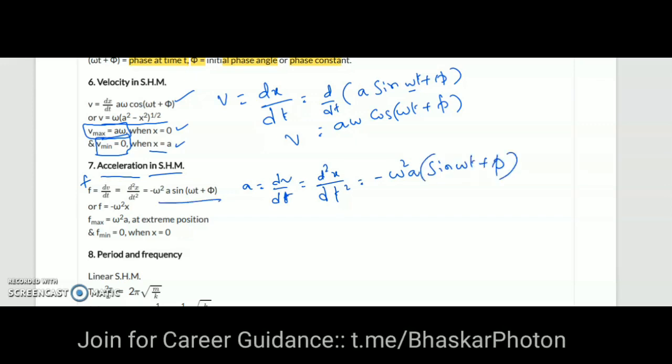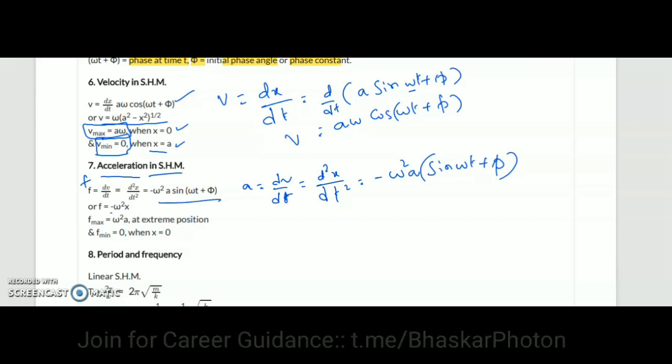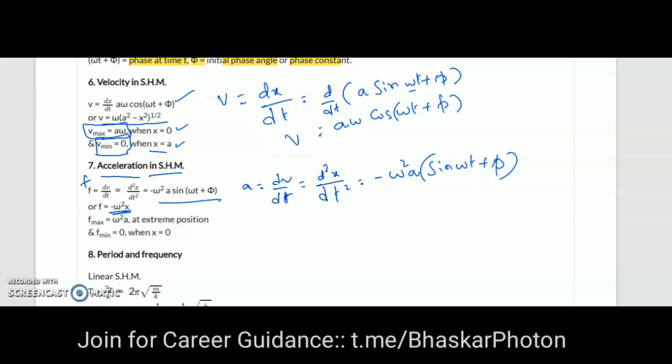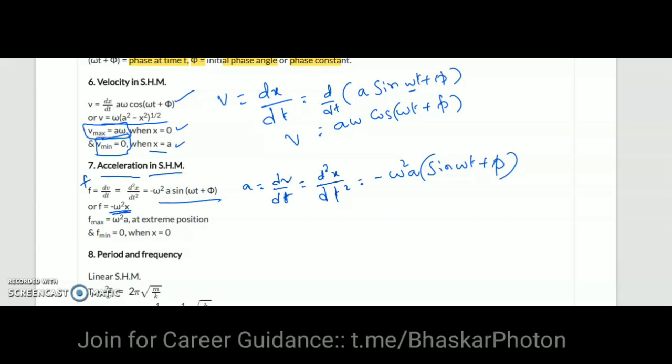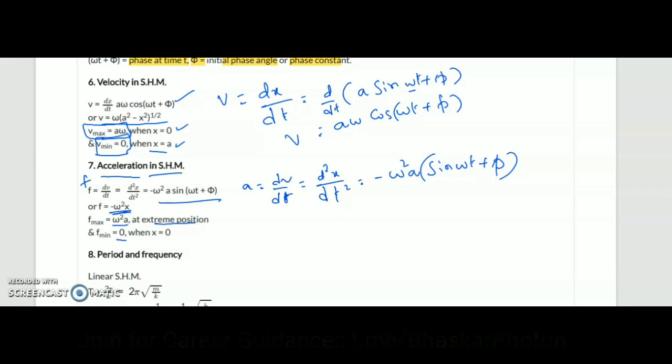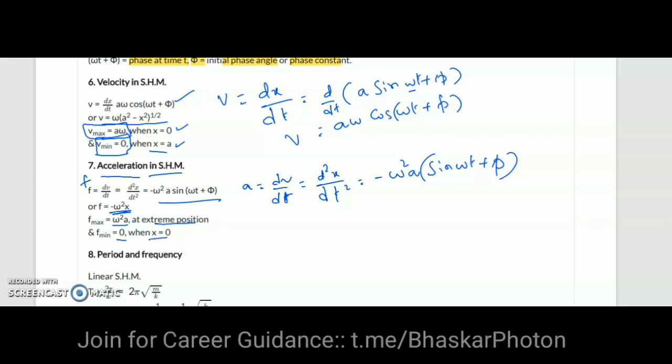Then acceleration is minus omega square into x. Sometimes it is omega square x or omega square y, that depends. So this will be maximum, a times omega square, minimum is 0. For the extreme positions, this is maximum. At x is equal to 0, the acceleration becomes 0.